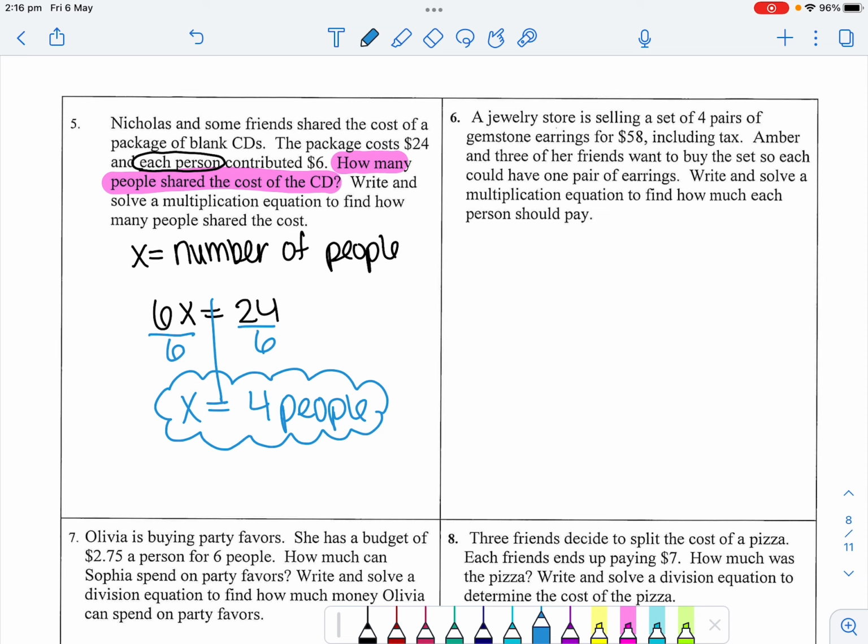Number 6 says a jewelry store is selling a set of 4 pairs of gemstone earrings for $58, including tax. Amber and 3 of her friends want to buy the set so each could have 1 pair of earrings. Write and solve a multiplication equation to find out how much each person should pay. So here's my variable.